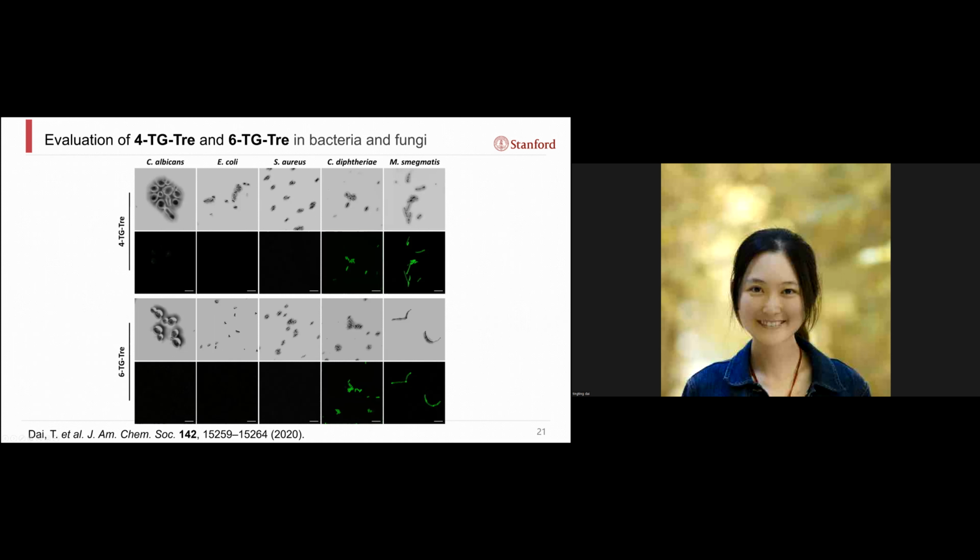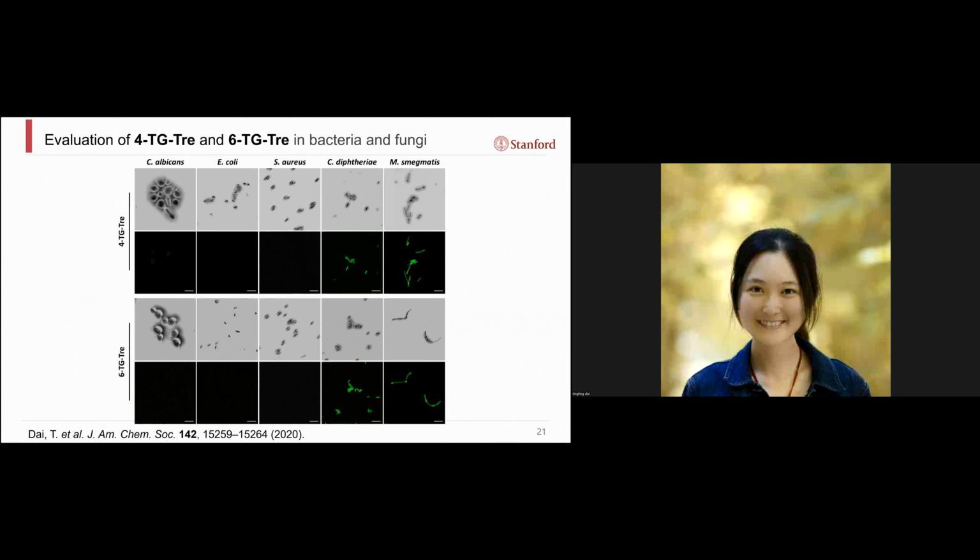C. diphtheriae and M. smegmatis are more closely related to Mycobacterium tuberculosis, and because they have the cell wall structure, as we discussed in the previous slide, they all show great fluorescent signal. So this demonstrates that our probe can indeed distinguish Mycobacterium tuberculosis from the rest of the bacteria species.